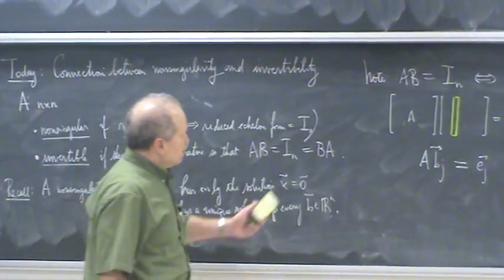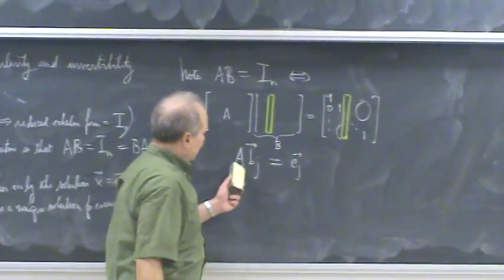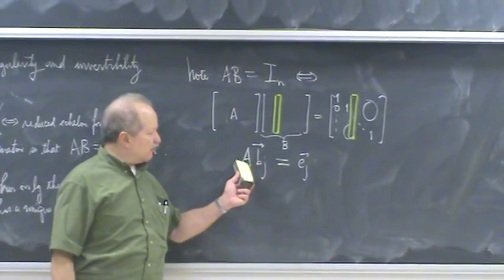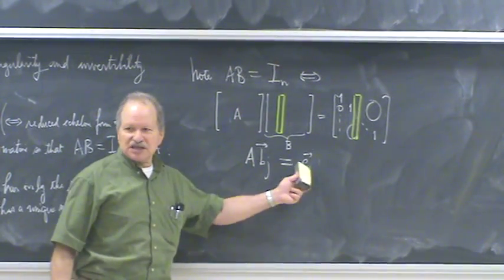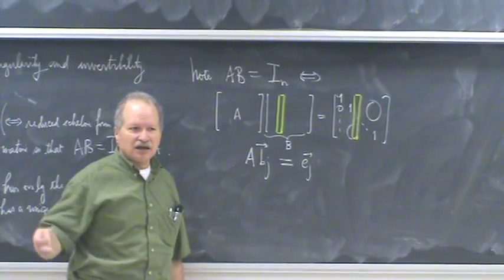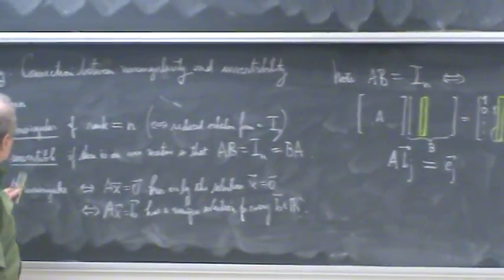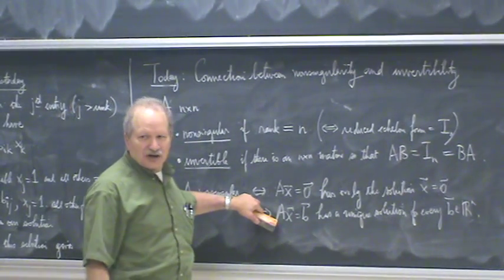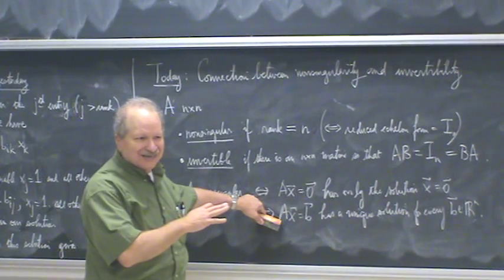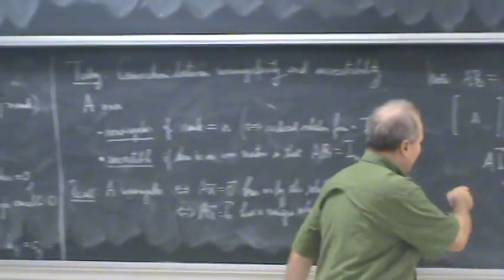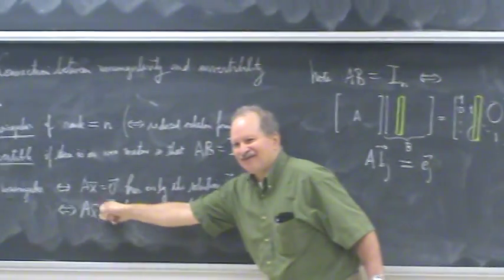So in other words, finding this matrix B is a matter of finding vectors that solve A times X equals E_j for each j. So let's see. If A is non-singular, we just said that there is a unique, now my notation is poor, pardon my language, so rewrite this without the letter B there.